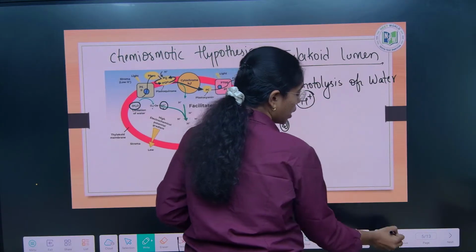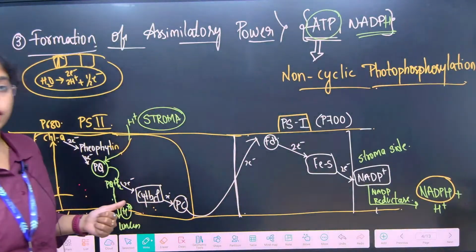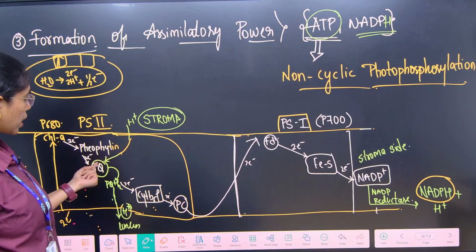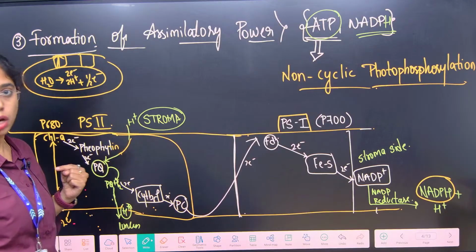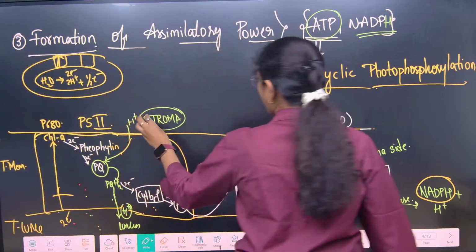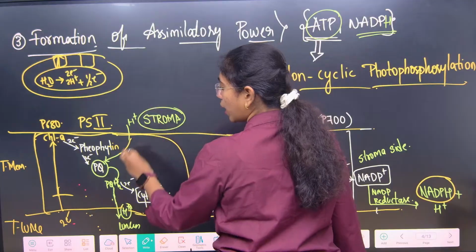Second point, in the non-cyclic photophosphorylation we have learnt, plastoquinone is taking the protons from the stroma. These protons are again travelling from stroma to lumen.